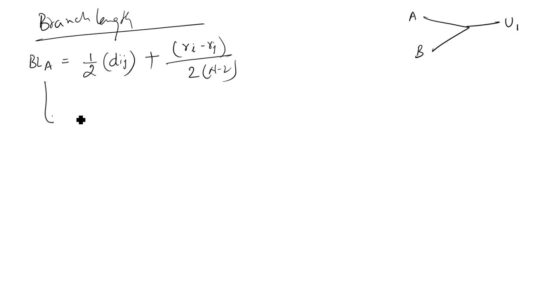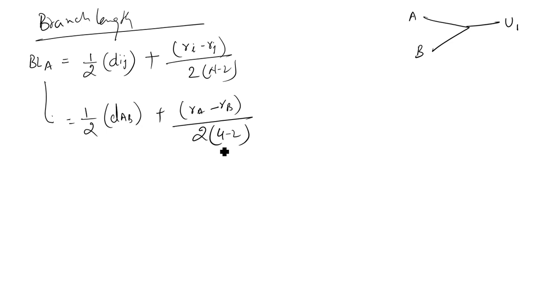So we are calculating for A, so it is 1 by 2 DAB plus (RA minus RB) divided by 2. Again, you should remember it is not 5 now, it is 4, so 4 minus 2.